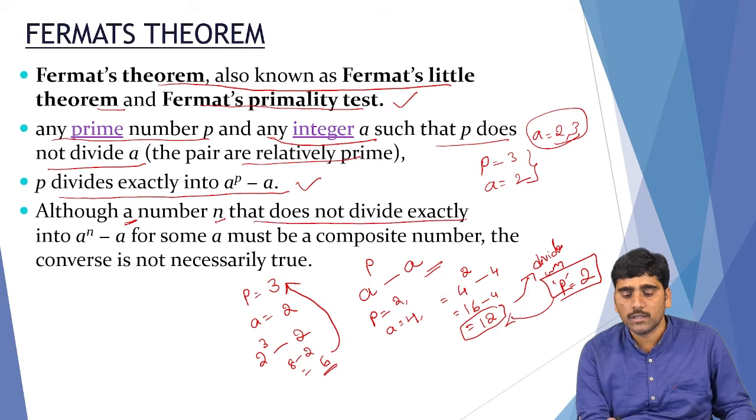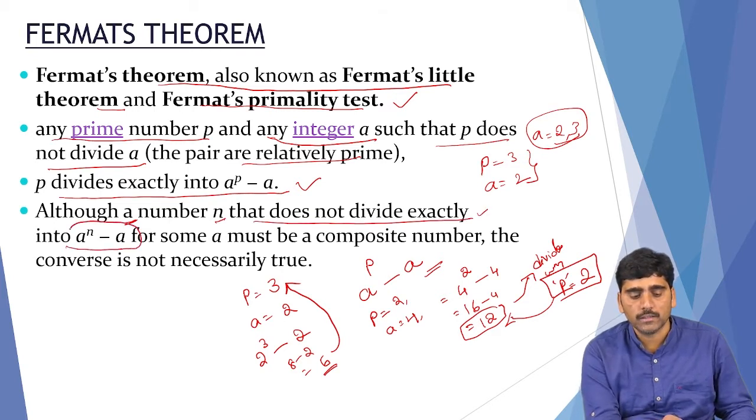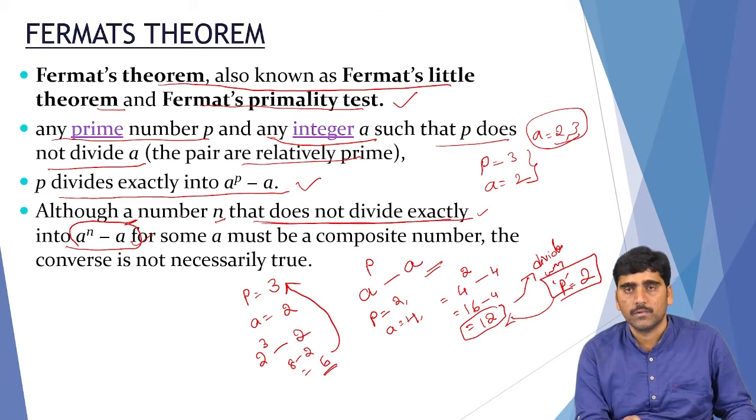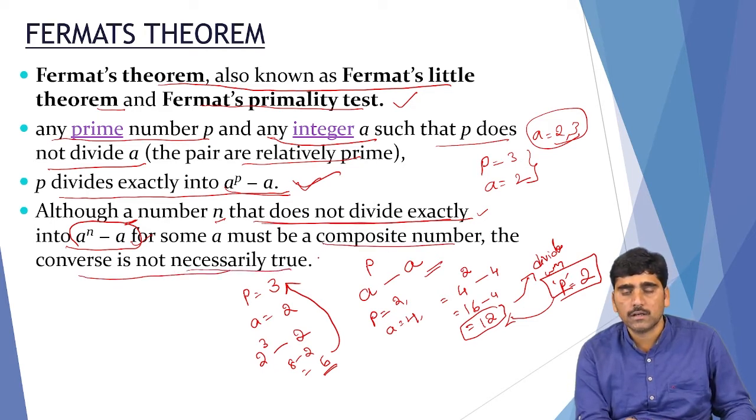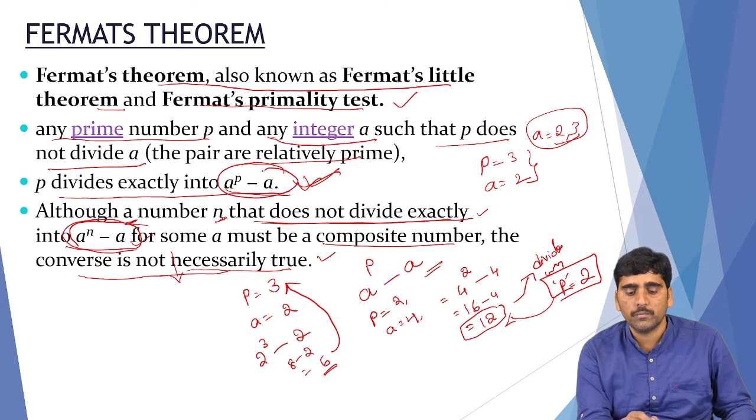Although for a number n that does not divide exactly into a power n minus a, in this case n does not divide a power n minus a exactly. So n must be a composite number, and the converse is not necessarily true. This condition is not true because it does not divide with the n number, but it becomes true for p because a power p minus a divides p exactly.